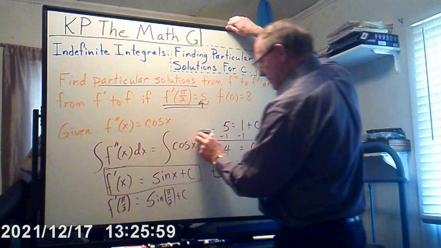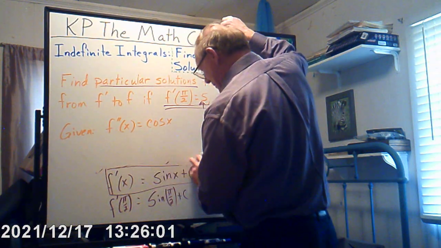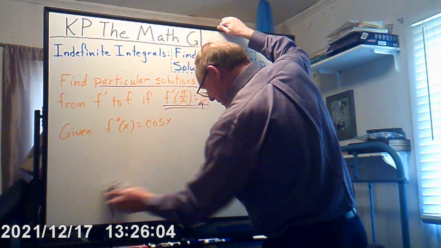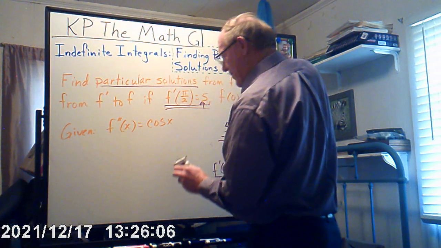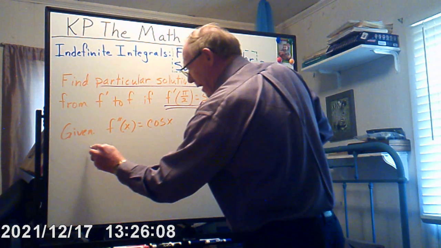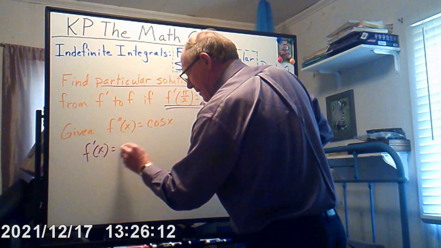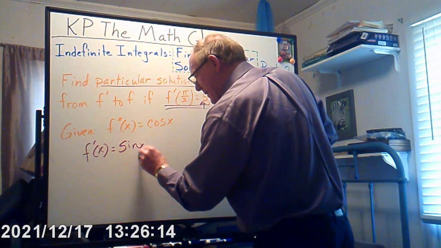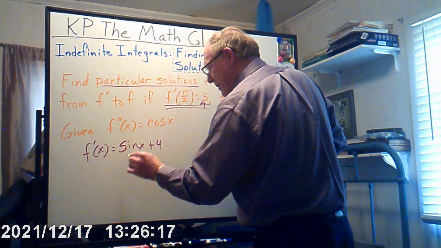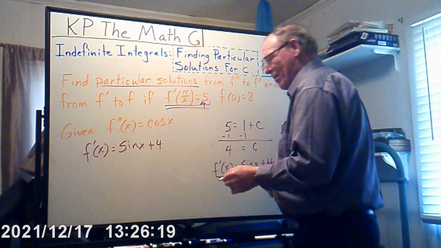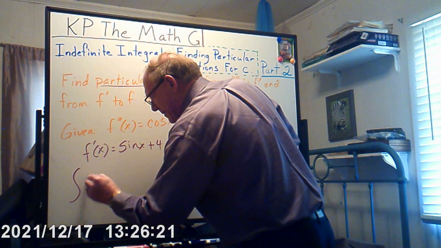I'm just going to erase this part right here. We're going from f prime to f now. We've found that f prime at x is equal to sine x plus 4.